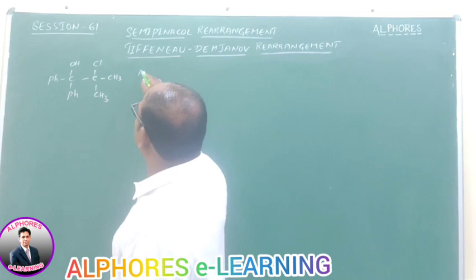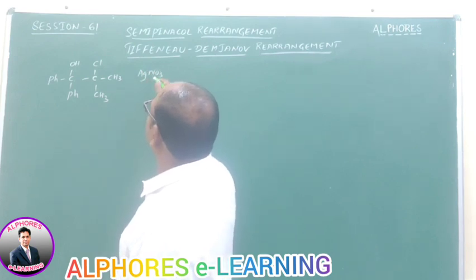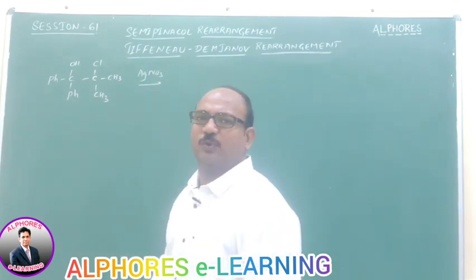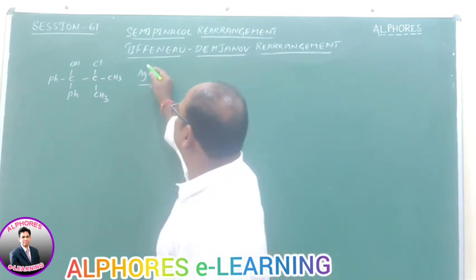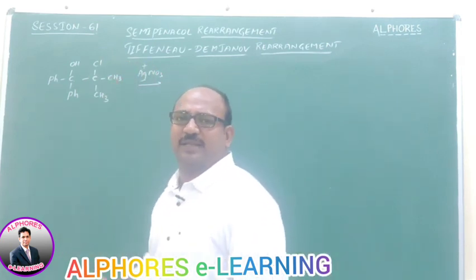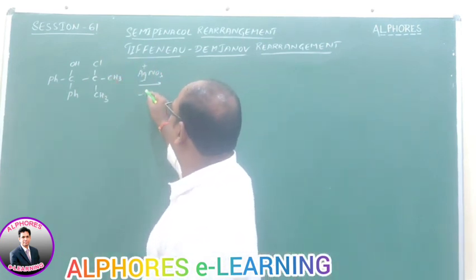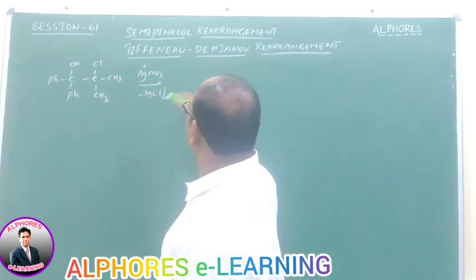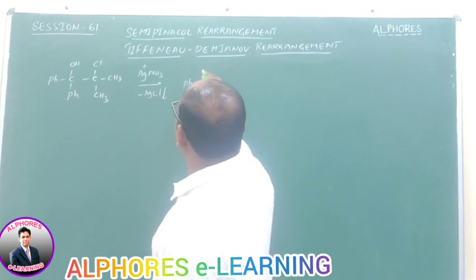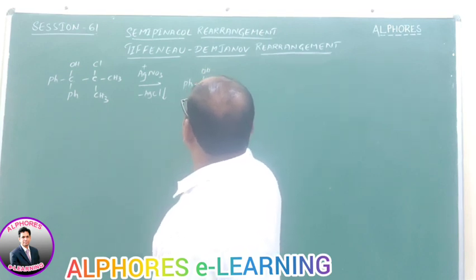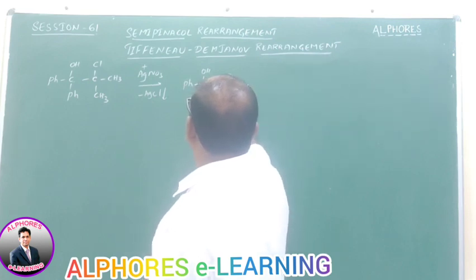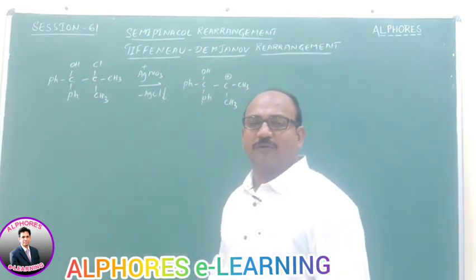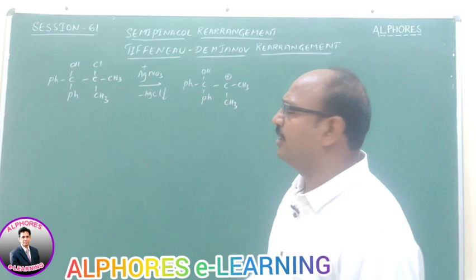This one, upon reaction with AgNO3, as we know, Ag plus extracts the Cl minus and AgCl precipitates out, meaning ultimately we get formation of a carbocation. Here CH3 and CH3. After formation of the carbocation, what happens?